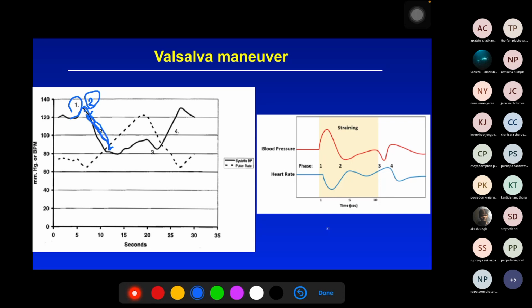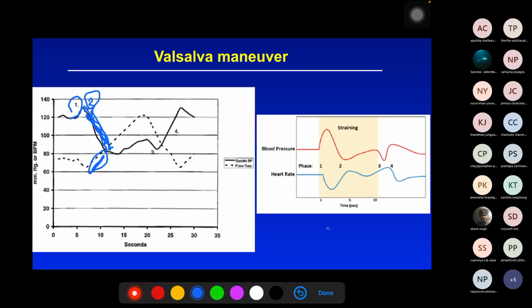The systemic blood pressure drops, and we compensate for the drop in blood pressure by an increased heart rate. So when the patient performs the Valsalva maneuver for about 5 to 10 seconds, you might see the heart rate is increased, but the pressure is decreased.